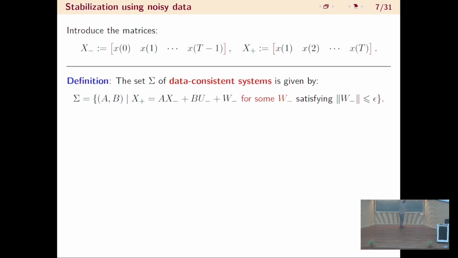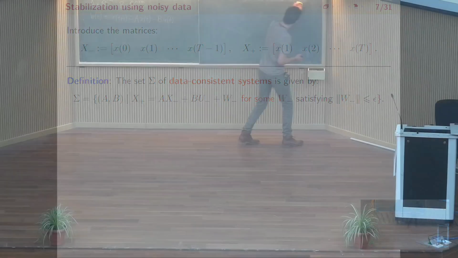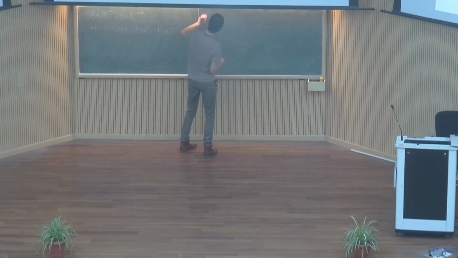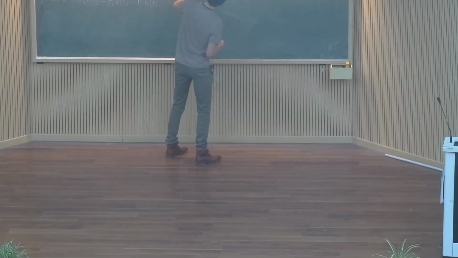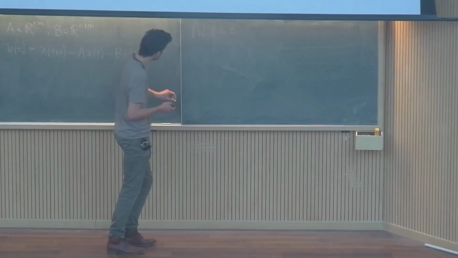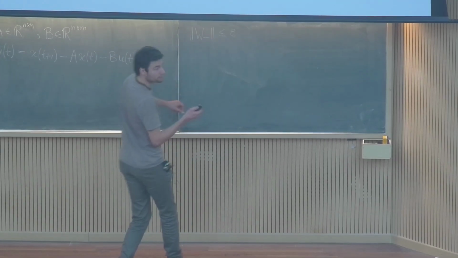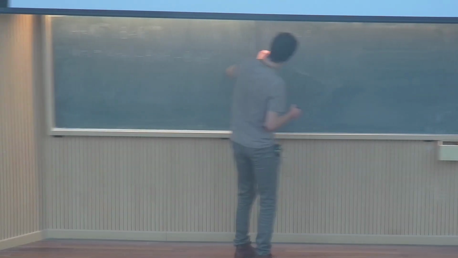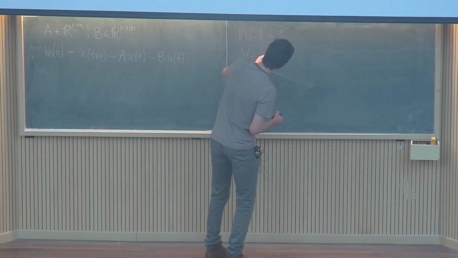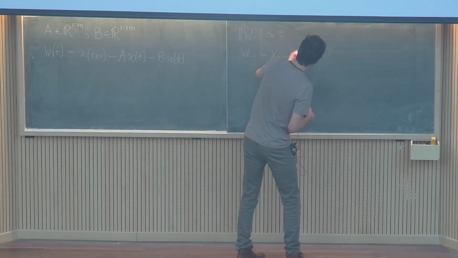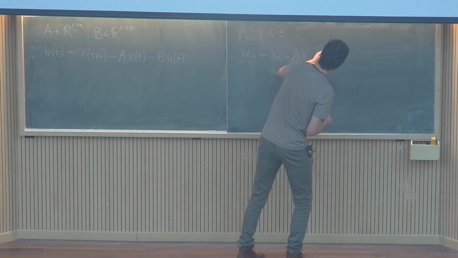You could reformulate that a little bit. So in particular, we have two things here. w minus in norm is less than or equal to epsilon. And we also know, due to this equation, that w minus is equal to x plus minus A x minus minus B u minus.